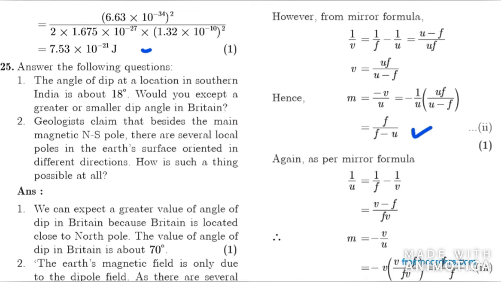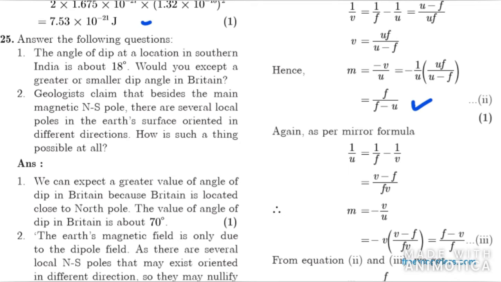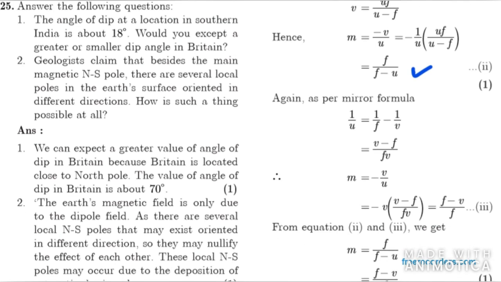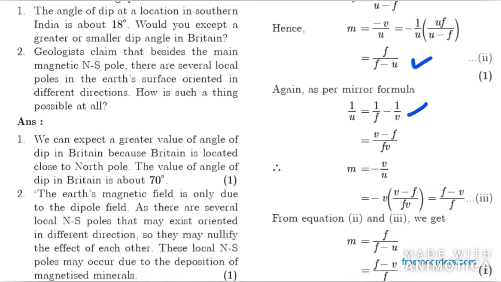Now we can even get the value for 1 over u. When we find the value for 1 over u from the mirror formula, we get this value, and overall we get f minus v over f.